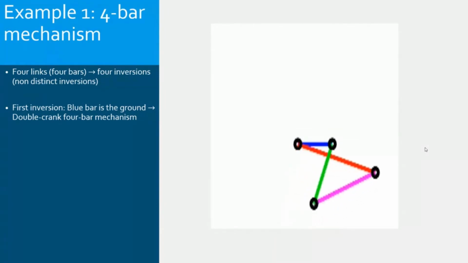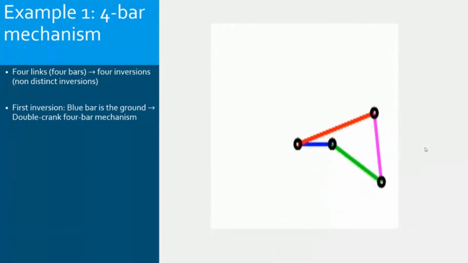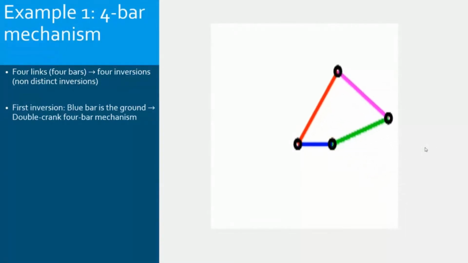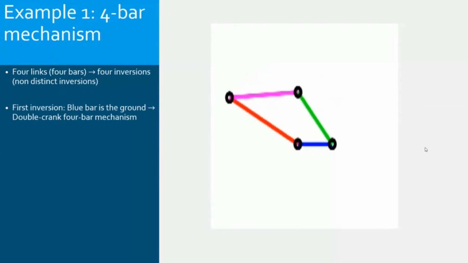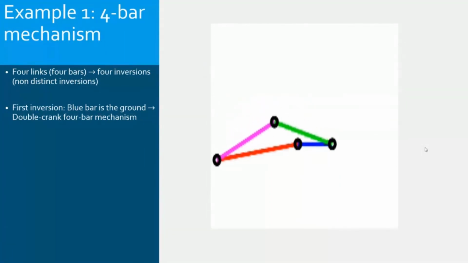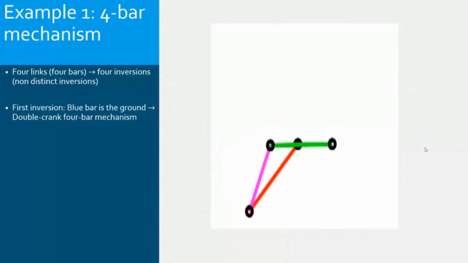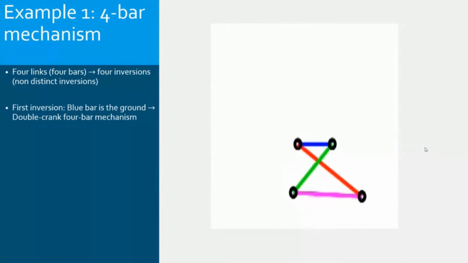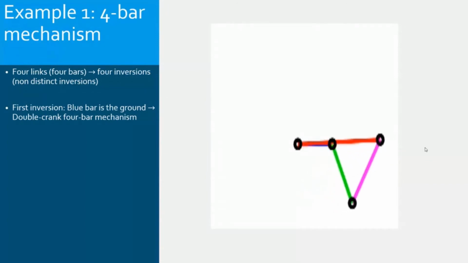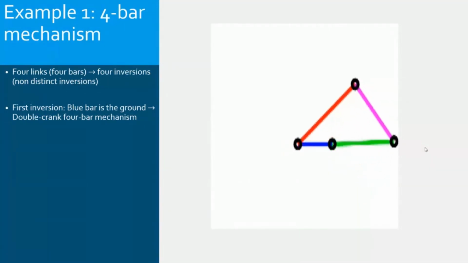This is a simulation of this 4-bar mechanism, considering the blue bar, the shortest bar, as the ground.